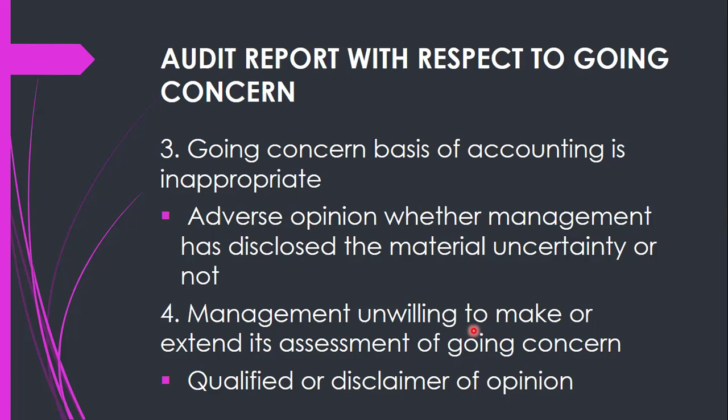Sometimes the company can carry out an assessment for a period that's less than 12 months, maybe just 6 months. Then the auditor needs to request management to extend the assessment to at least a period of 12 months. And if management is unwilling to extend that assessment, then the auditor needs to express a qualified or disclaimer opinion.